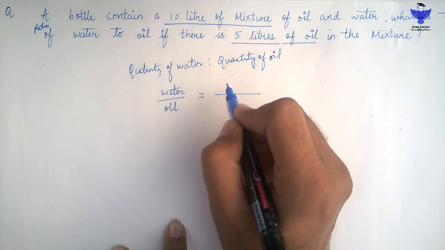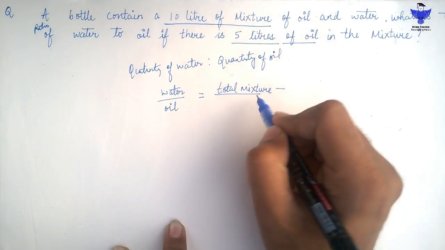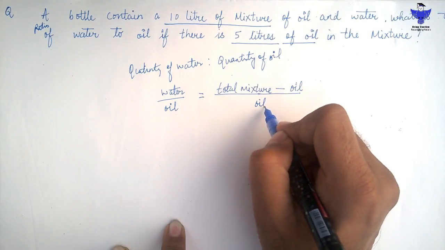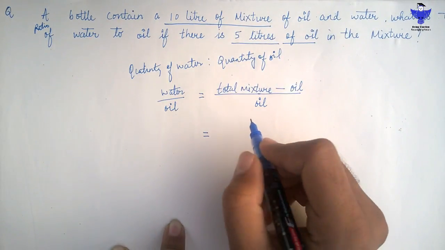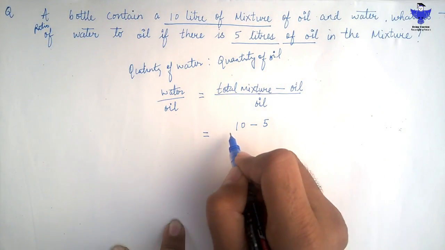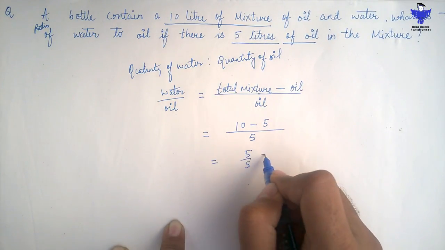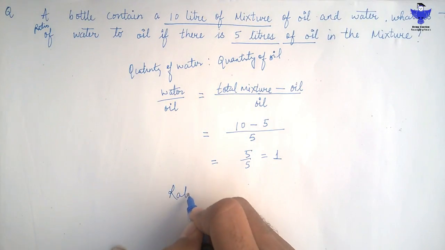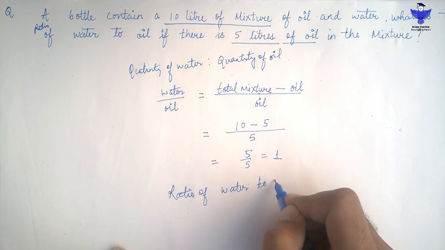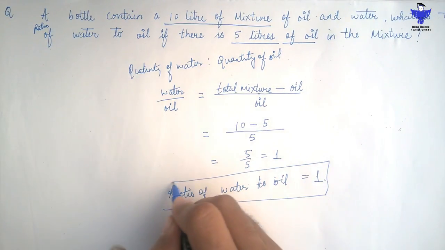Water will be the total mixture minus the total amount of oil present, divided by the quantity of oil, which is 10 liters of mixture minus 5 liters of oil, divided by 5 of oil. So the answer will be 5:5, which is 1. The ratio of water to oil is 1.